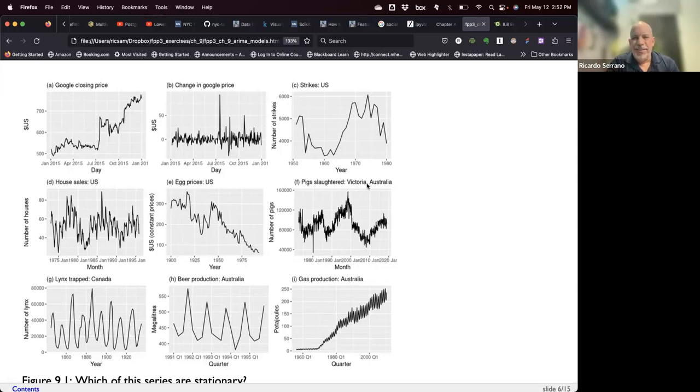The pig slaughter in Victoria. It goes a little bit up, then down, then up, then down, then up. So it has some trend. Apart from that, there could be some seasonality too. I thought that was the pigs. No, the pigs don't qualify. Remember, for a time series to be stationary, it has to have those 3 components: no trend, constant variance, and no long-term predictable patterns.